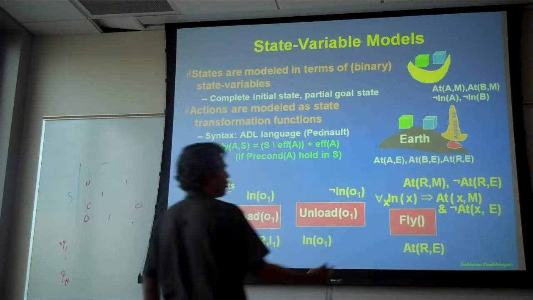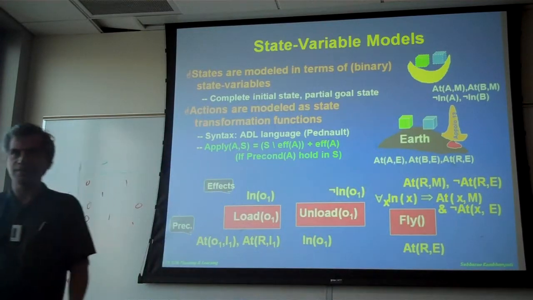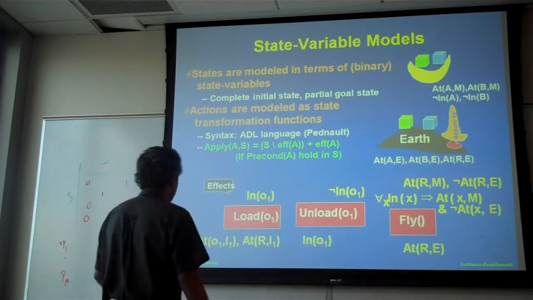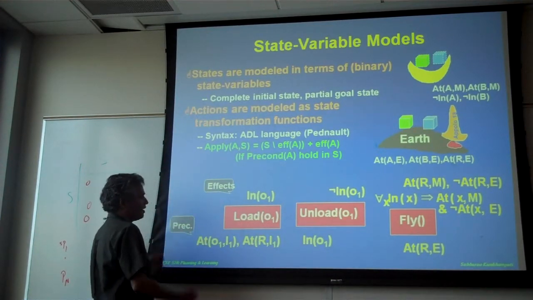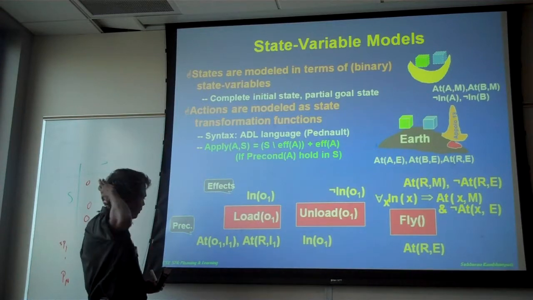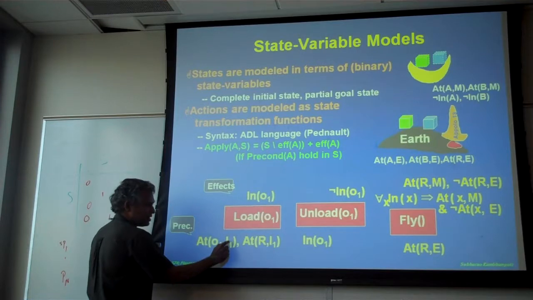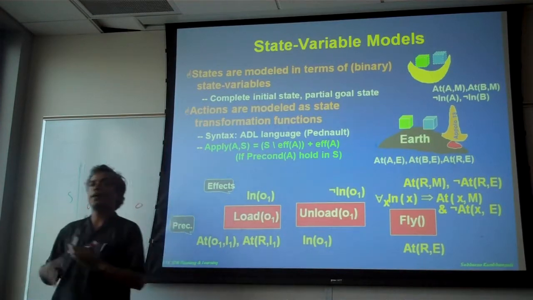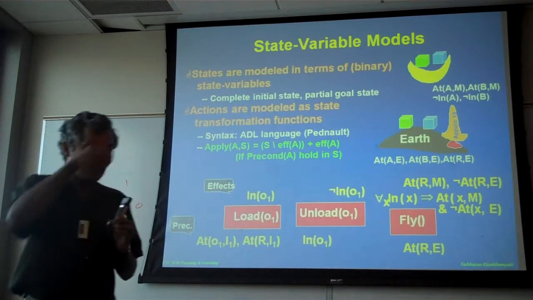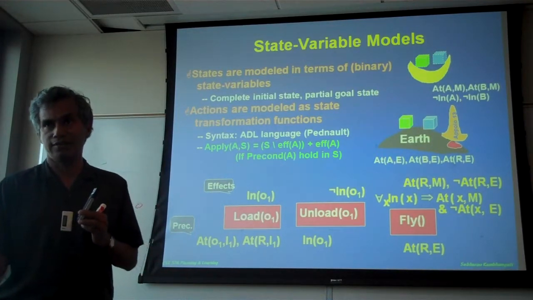Okay, so now if I want to write that particular world in terms of some actions, one thing you could do is, loading of an object will require that the object is in the same location as the rocket, at which point the proposition in O1 becomes true. That means the object is now inside the rocket.